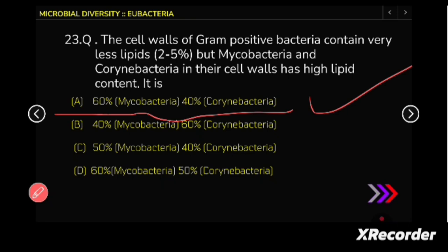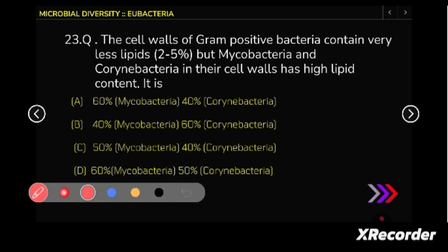This bacteria contains 60% lipids in its cell wall, in total cell wall material. Whereas corynebacteria also have up to 40% lipids. Some species of corynebacteria contain 40% lipids in the cell wall. Answer is A.